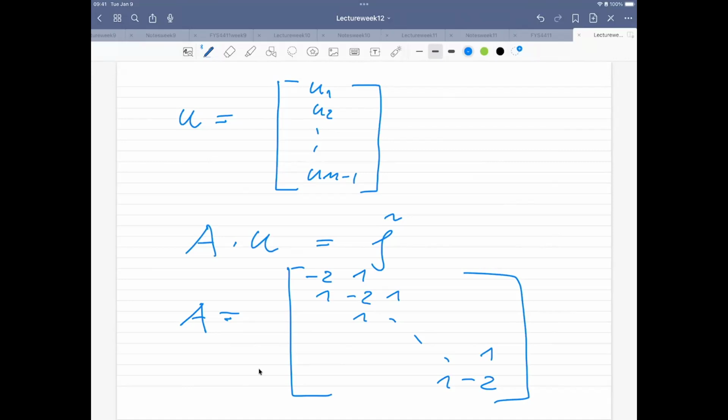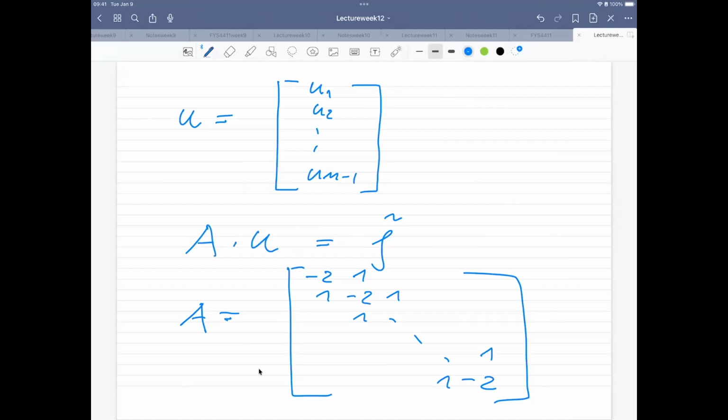If you use the standard algorithms, it's in principle a Gaussian elimination. That's what you're doing. It's nothing but that. Then you can show that this matrix, which is this simple, is also a positive definite matrix. All the eigenvalues are positive. So this fulfills some of the desired properties of the matrix which we are looking for.